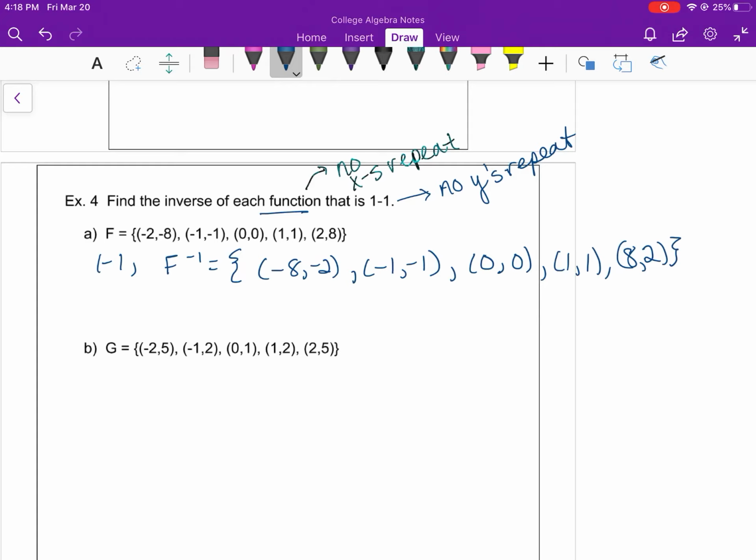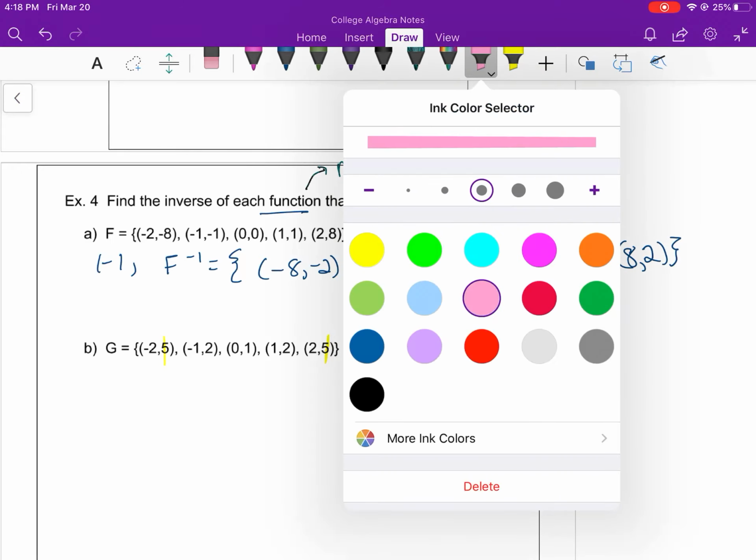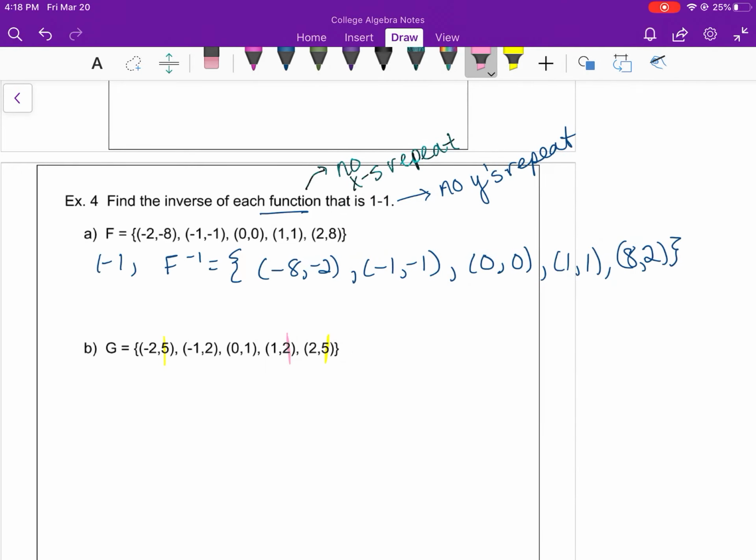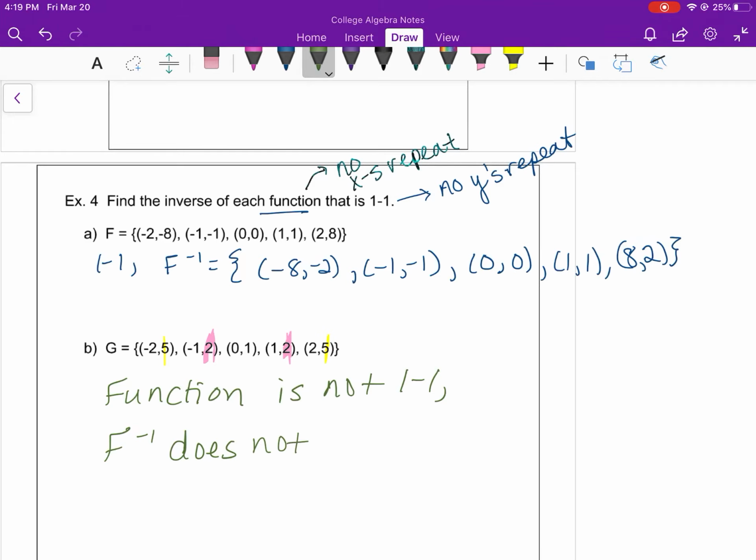Now when I look at g, I can see on g that I have some 5's that are repeating, and I also see that I have some 2's here that are repeating. So I have some repeating y's. So even though it is a function, this function is not one-to-one. And if it's not one-to-one, we say that f inverse does not exist.